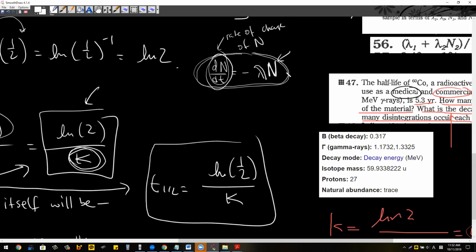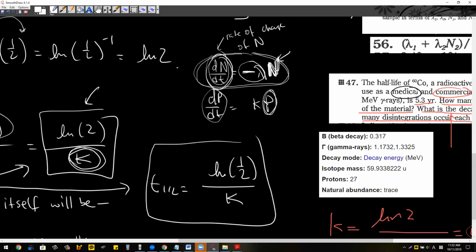If this number is large, then in this case it's negative, so it's going to decay. The more you have, the more you will decay. If dP/dt is equal to some constant k times the population, then the rate of change of the population depends on the population itself.